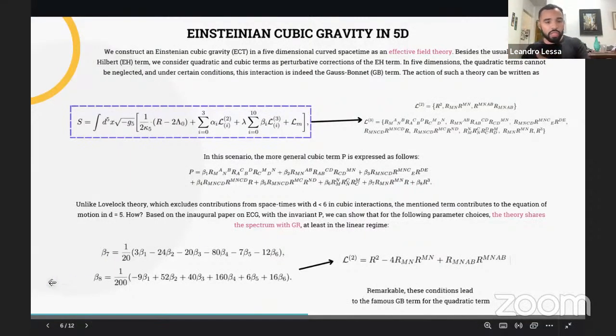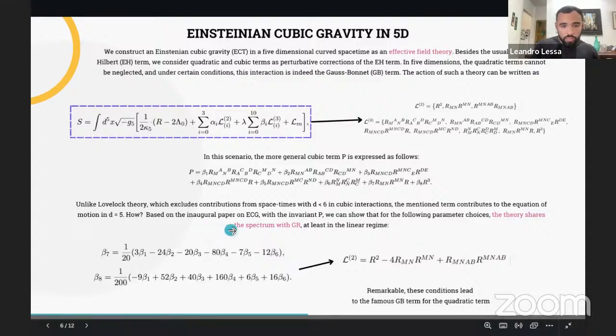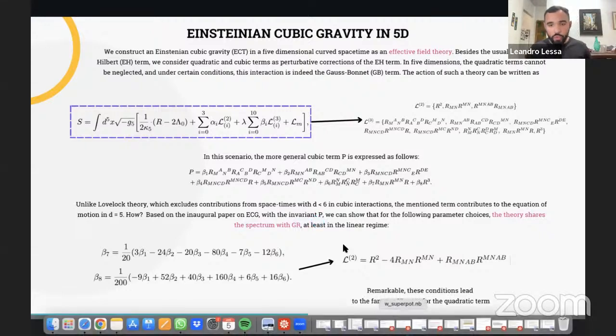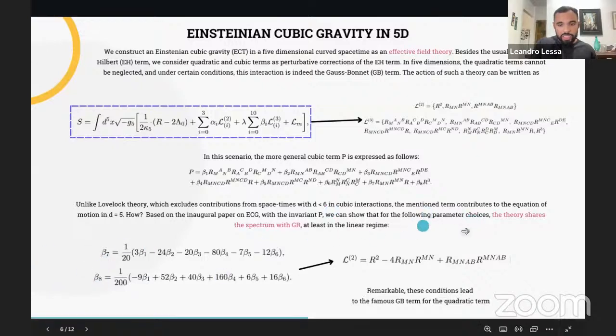Unlike Lovelock theory, which excludes contributions from space-times with dimension more than 6, the cubic interaction here gives a contribution to the equations of motion in 5 dimensions. But how? Here you consider some conditions. Based on the paper that introduced Einstein-cubic gravity, with the invariant P, you can show that a parameter choice, given by beta 7 and beta 8, is obtained when we assume your theory shares the spectrum with general relativity.